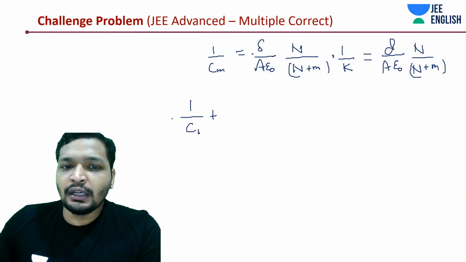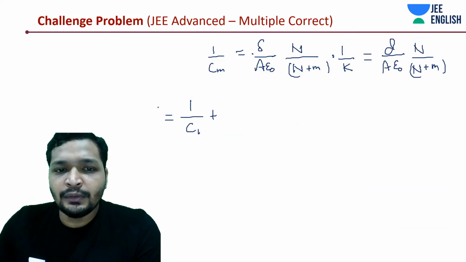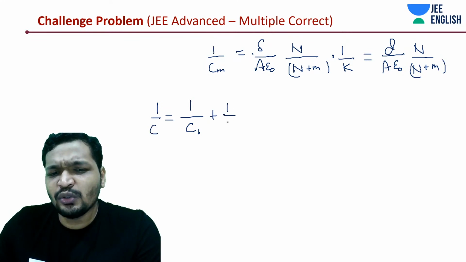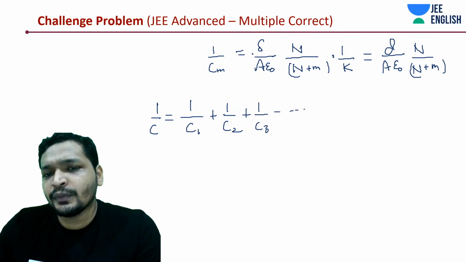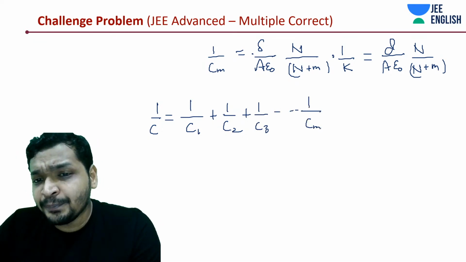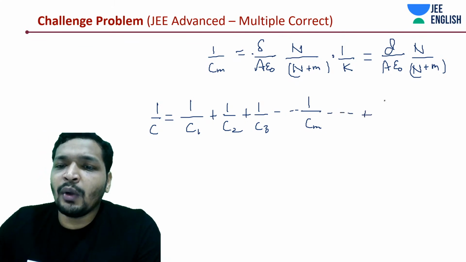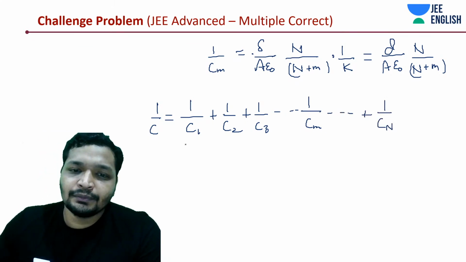Okay, so the C equivalent, 1 by C in this case, is going to be 1 by C1, so on till 1 by Cm, so on till 1 by Cn.